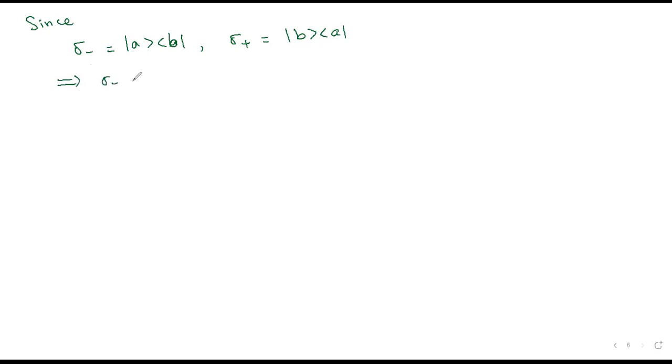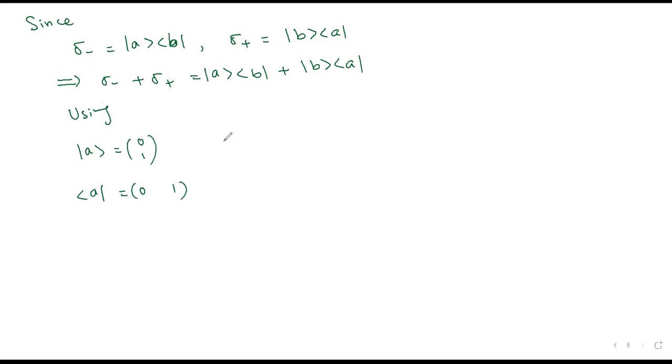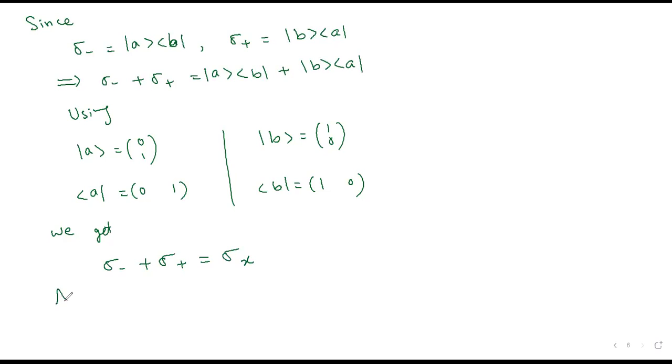It implies that sigma minus plus sigma plus gives us sigma x, and basically this is equal to the matrix 0 1 1 0.